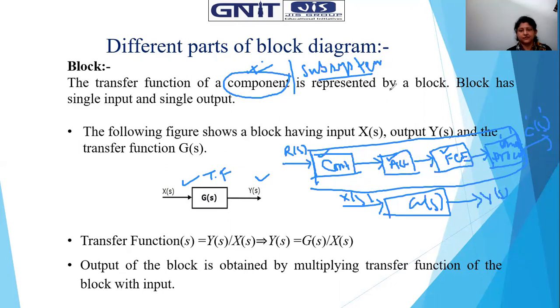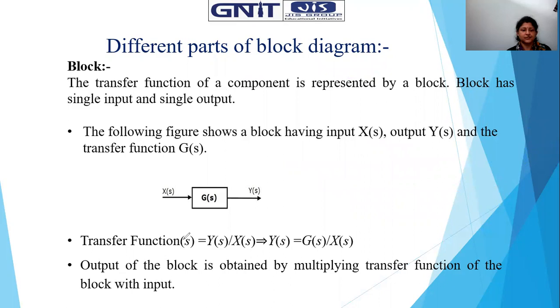Let me clear my sketch. Now, what is the transfer function in the S domain? Taking the Laplace transformation of input and output and taking the ratio, Y(s) over X(s) gives G(s). So Y(s) becomes G(s) into X(s).